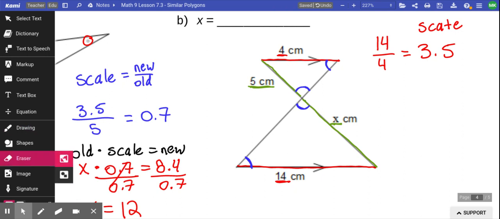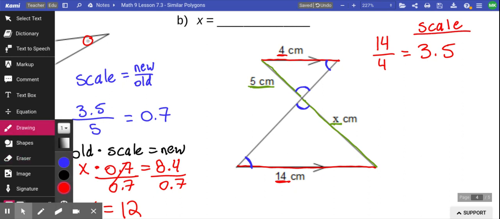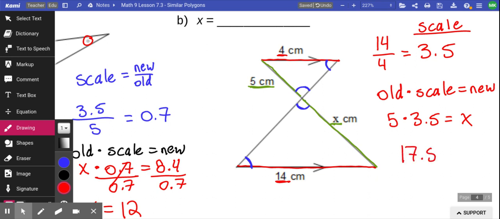With my scale, I can then do old times scale equals new. So for us, our old side was 5 multiplied by a scale of 3.5. It'd give me my new length of X. So 5 times 3.5 is 17.5 equals X. That tells me my missing side.